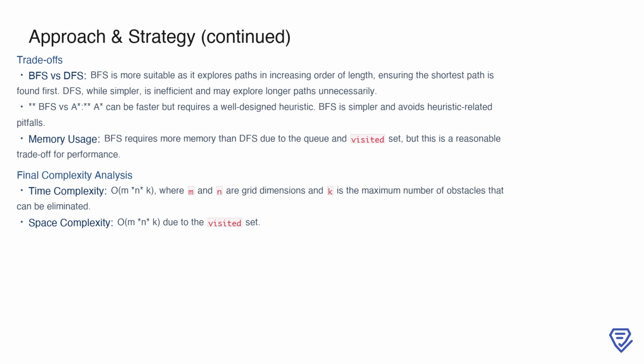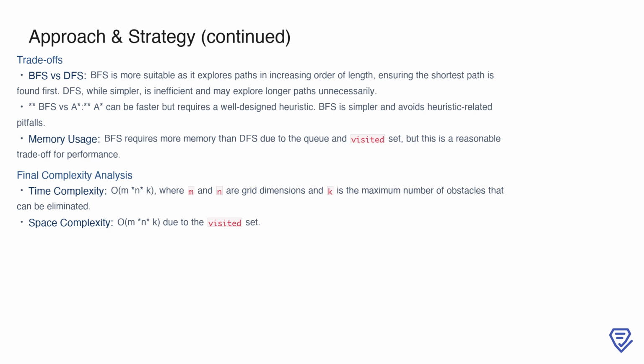The time complexity is O(m*n*k), where m and n are the dimensions of the grid and k is the maximum number of obstacles that can be eliminated. The space complexity is also O(m*n*k), due to the storage required for the visited set. Overall, BFS with state tracking offers a balanced solution that effectively handles both the constraints and the requirements of the problem.